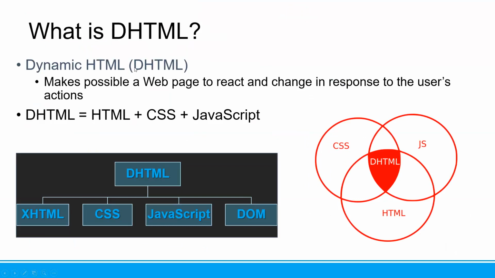So DHTML, or dynamic HTML, makes it possible for a web page to react and change in response to the user's action. So you need to make this JavaScript because sometimes you can modify the user interface without connecting to the database.